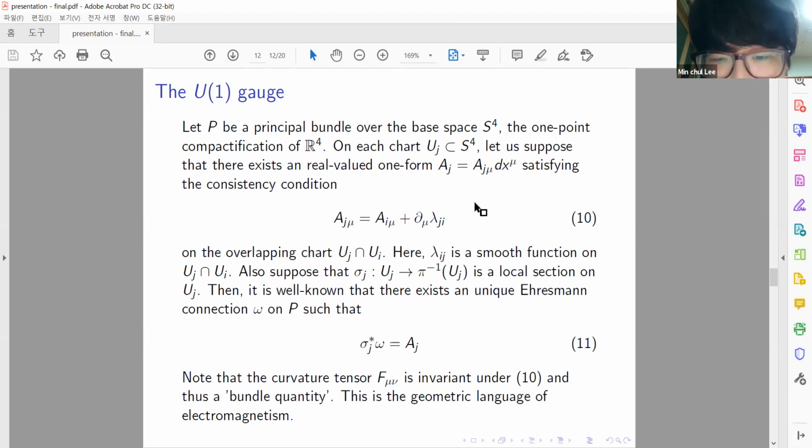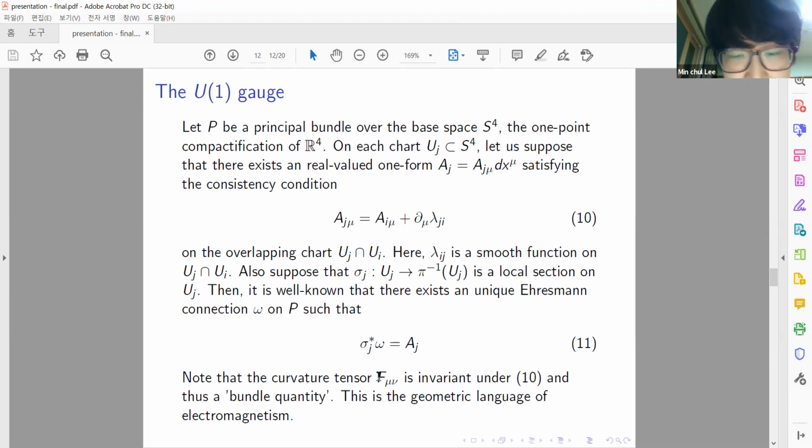Here, lambda ij, sorry for the flipping of the indices, lambda ij is a smooth function on Uj intersected with Ui. Also, suppose that sigma j is some local section on Uj. It is well known that there exists a unique Riemannian connection omega on P such that the pullback by each local section is equal to this A.